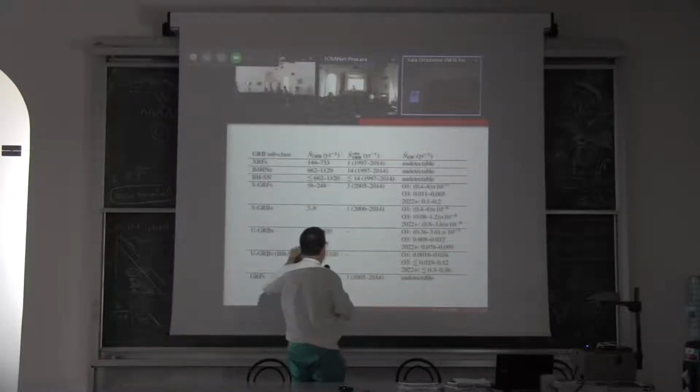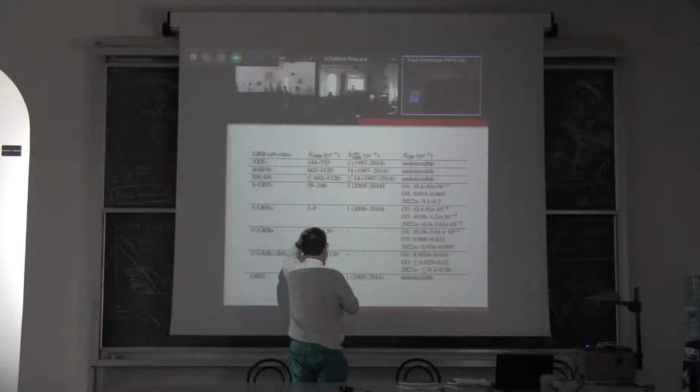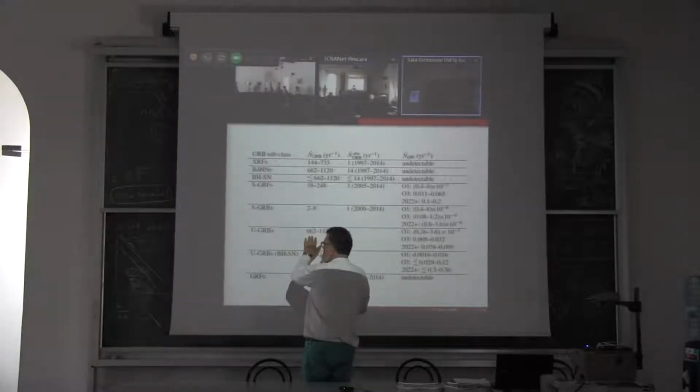If you look at these sort of sources, ultra-short gamma ray bursts, why do you expect 600? They have not yet been observed. How do you extrapolate to 600? That is the rate of binary-driven hypernovae, assuming that 100% of them form a bound system.